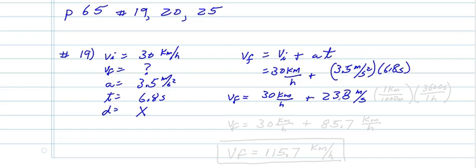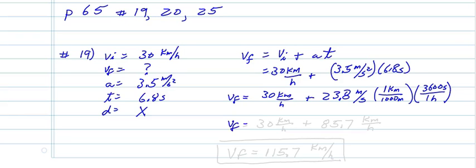So since buses are normally measured in kilometers per hour, we'll convert the 23.8 to kilometers per hour. To do that, we multiply by 1 kilometer over 1,000 meters, and then multiply by 3,600 seconds over 1 hour.